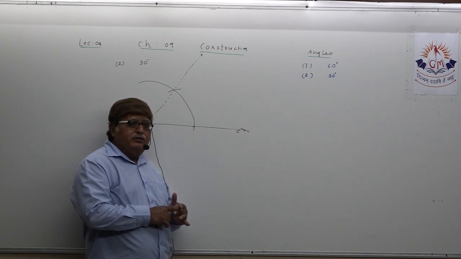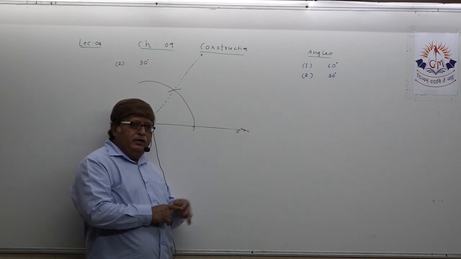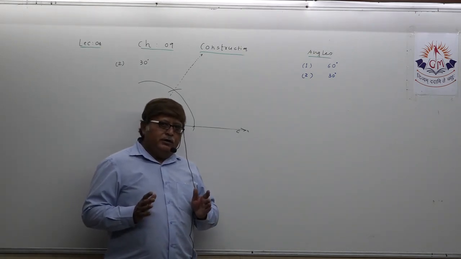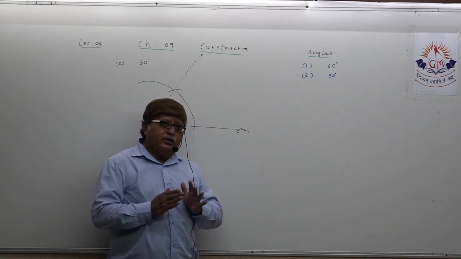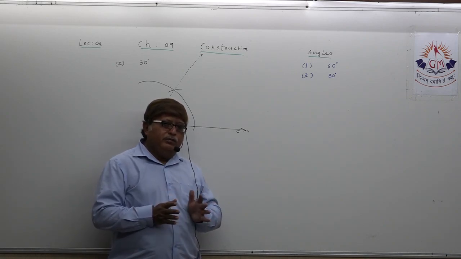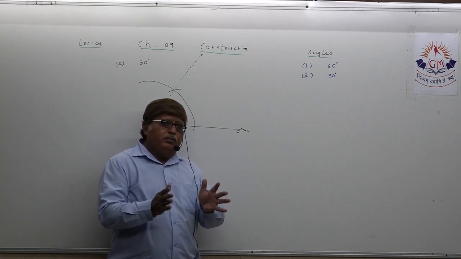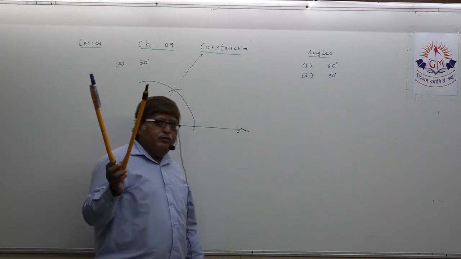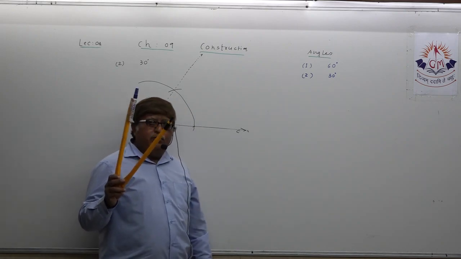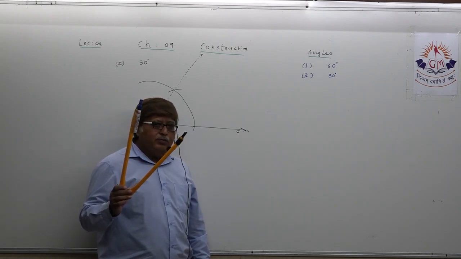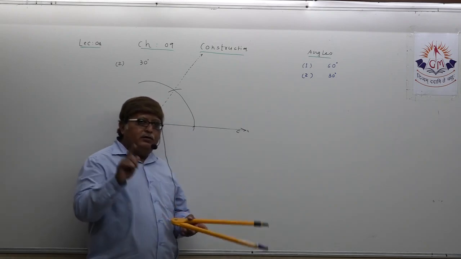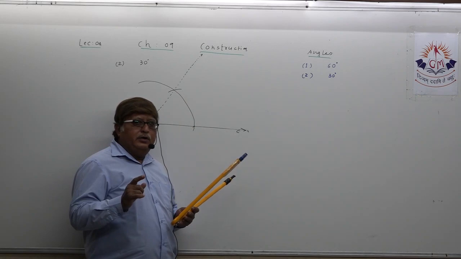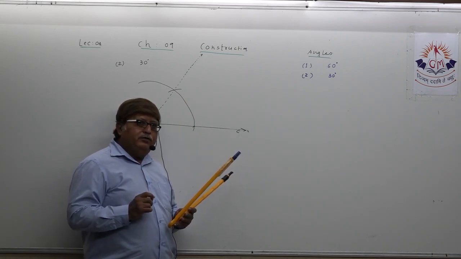Try to understand this particular word. This angle of 60 degrees which we have constructed needs to be bisected, which means it is to be divided into two equal angles. For that purpose, I will just show you. I am not going to draw with the compass, but you just try to understand how the angle of 60 degrees can be bisected.